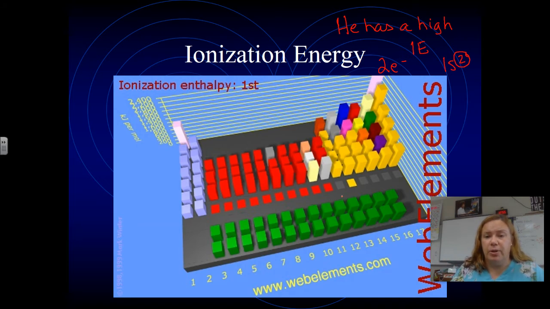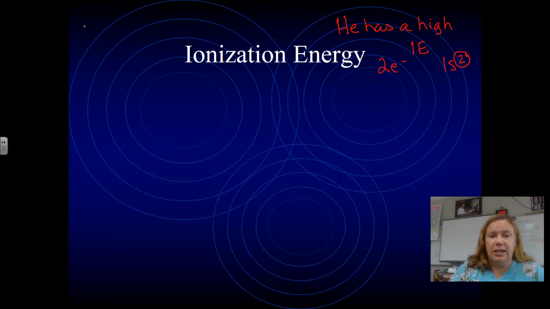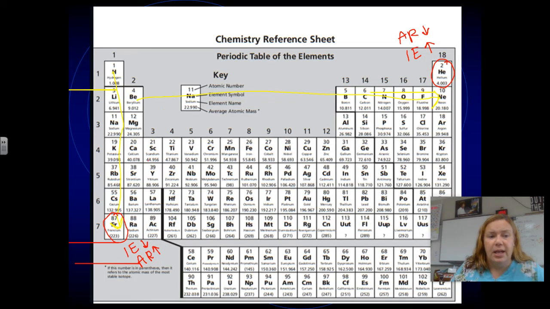One thing to remember is that your first ionization energy might be high, for example, and your second might be much lower. Let's go back to our periodic table and think about potassium. It takes less energy to pull an electron from potassium, so potassium's first ionization energy is very low. However, once potassium loses an electron, it's very much like argon.